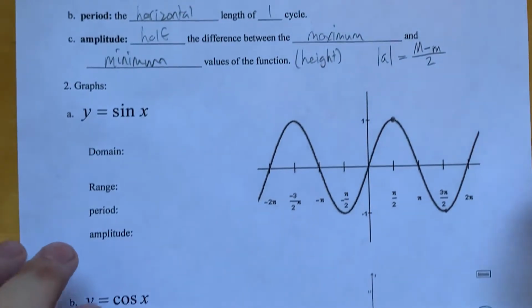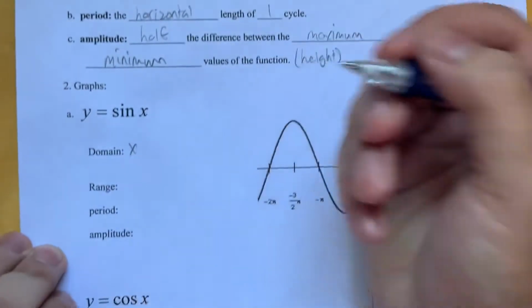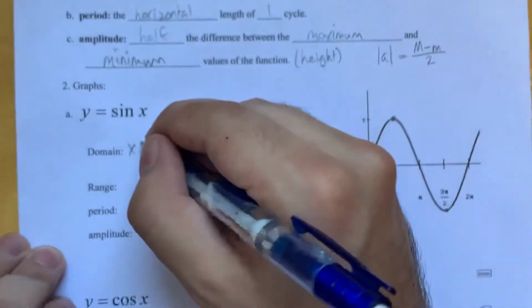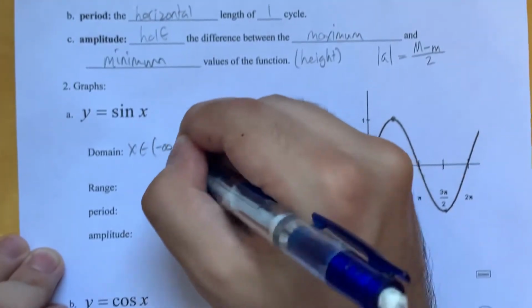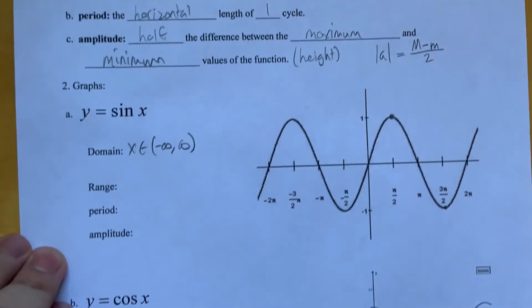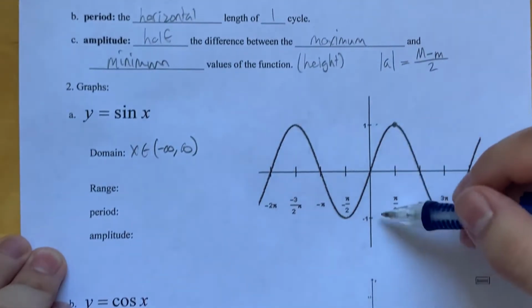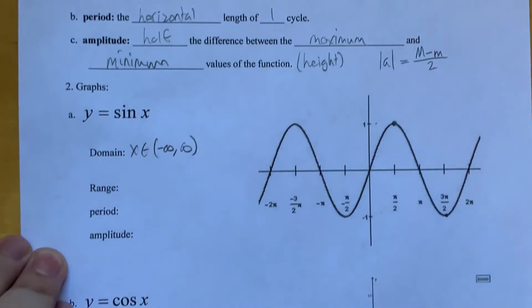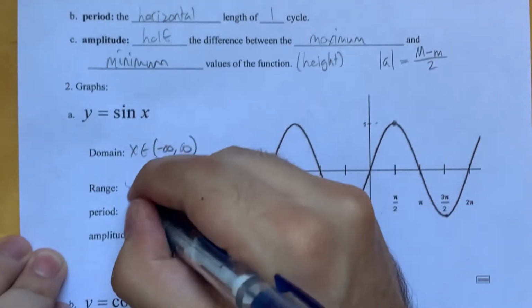So, the domain. What's the domain? Right. Goes on to infinity. I already gave it to you guys earlier. You guys are like, but you already gave it to us. I remember. Chill. All right, what's the range? So we have 1 to -1, or -1 to 1, since we have to go in order, right? So we write it in the same way.